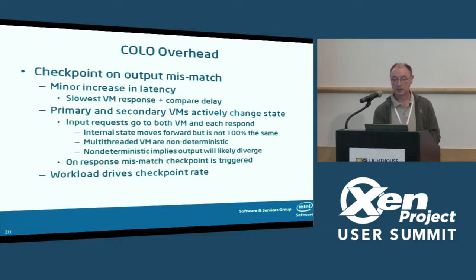Some workloads are going to be more likely to have those kinds of differences than others, and that really generates the rate. So some workloads, if they're compute intensive, will tend not to have these checkpoints. Other workloads will have a lot of checkpoints, and some can be worse than Remus in terms of the rate.